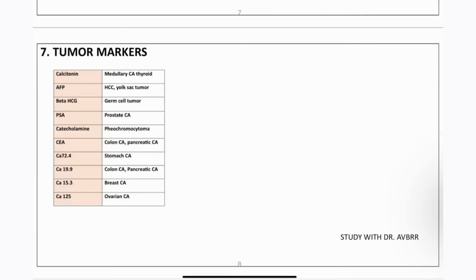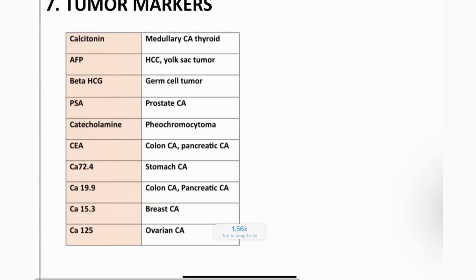Right, next, coming to the tumor markers. Calcitonin is for medullary carcinoma of the thyroid, and AFP is for hepatocellular carcinoma, yolk sac tumor. Beta-HCG for germ cell tumor, and also choriocarcinoma. Next, PSA for prostate carcinoma, catecholamines pheochromocytoma, CEA for colon carcinoma and pancreatic, CA72 stomach cancer, CA19 for the colon.